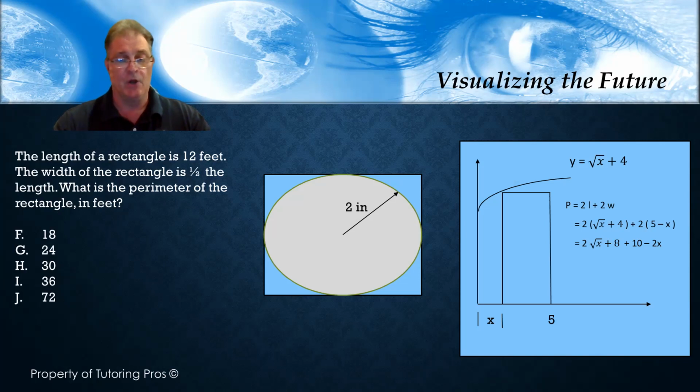Notice there's no single number calculation like we had in the word problem or in the problem with the circle inscribed in the square. It's an expression that represents the perimeter of that rectangle. That particular type of question is probably one of the more advanced types of questions that you're going to see on both the SAT or the ACT.